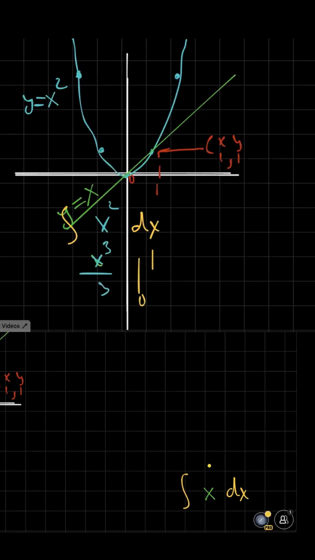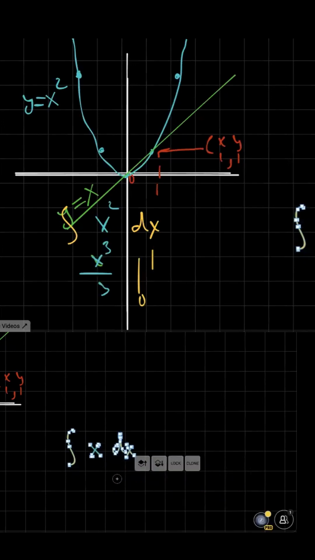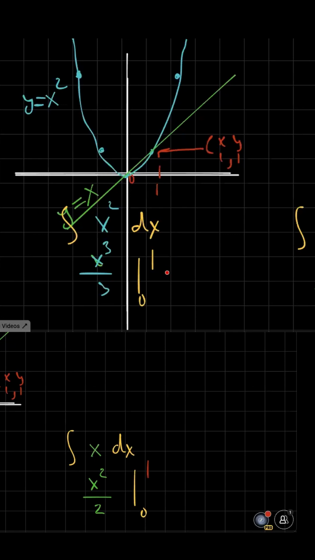And integrating this equation over here, the green line, we get x squared over 2, again going from 0 to 1. Integrating the first area and plugging 1 in, we get an area of 1/3. And integrating the second equation, putting 1 in, we get an area of 1/2.